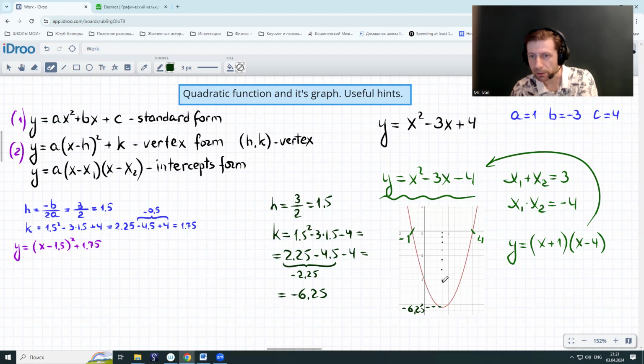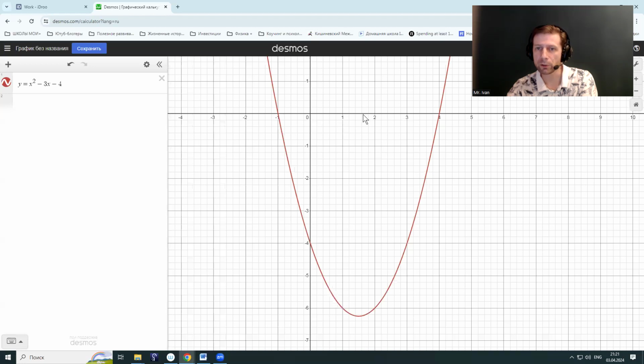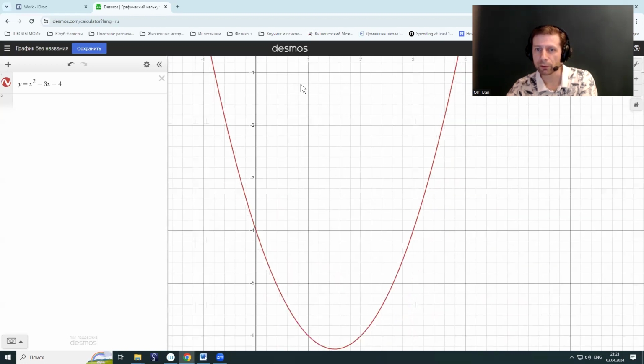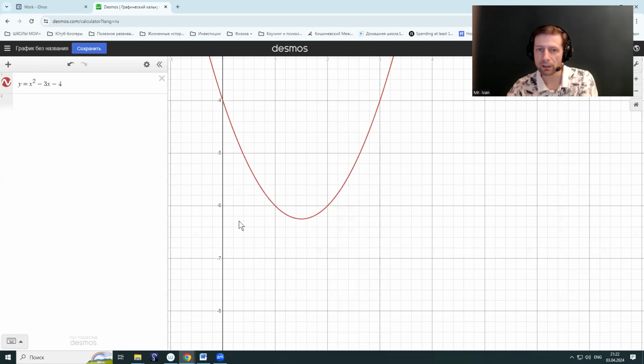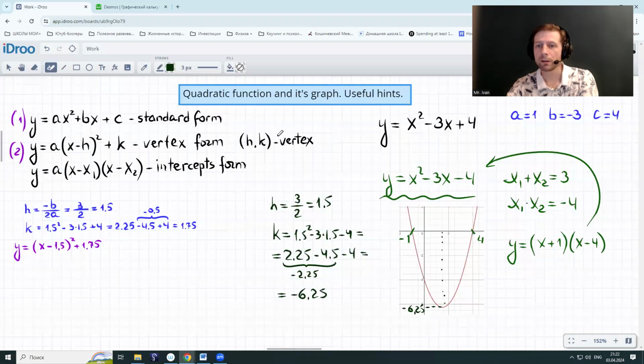If I am correct. If we take a look here, 1 and 2, exactly in the middle of those two, we have a vertex here, see, and negative 6.25 is here. So everything works perfectly.